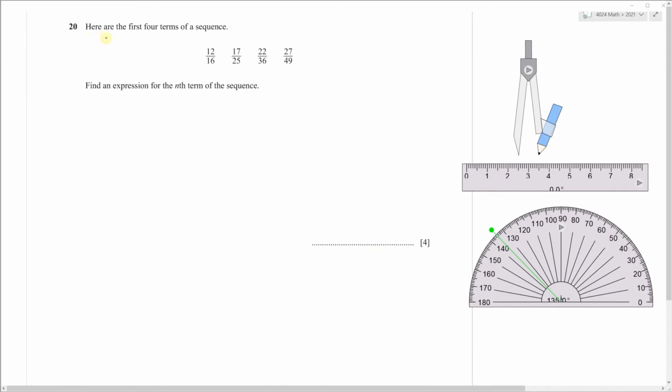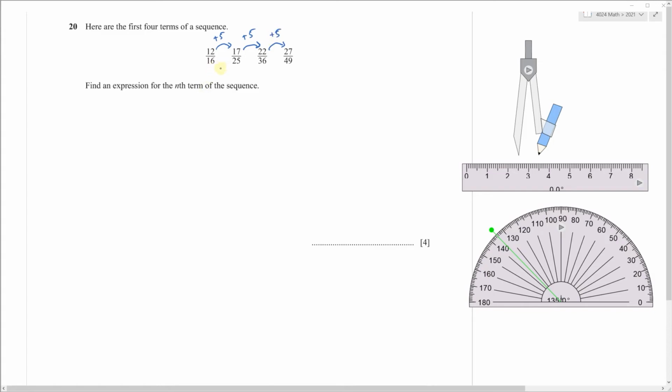Question number 20 is, here are the first four terms of a sequence. Find an expression for the nth term of the sequence. So now if you look at these fractions, which are the terms of this sequence, for the numerator, you see that you add 5 each time to get the next term. So every time you are adding 5.